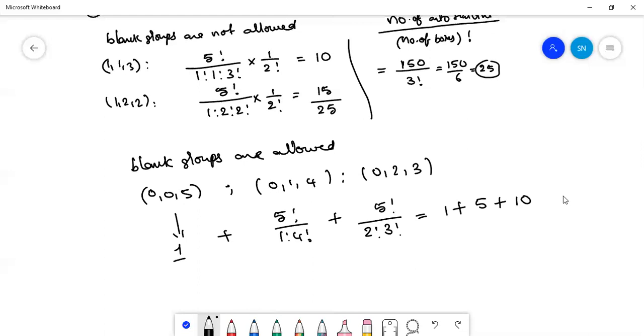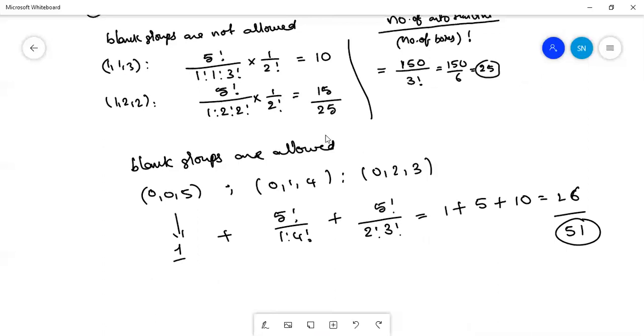So this is 26, and 26 plus 25 is 51, when blank groups are allowed. All these examples will give us a complete idea. So let us finish this session with the last example.